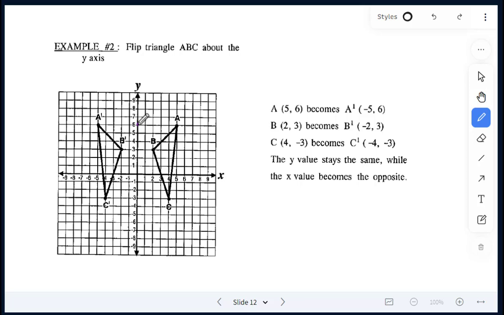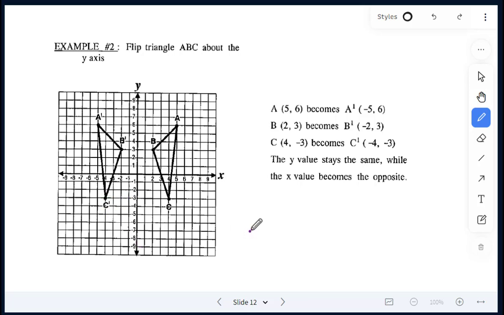So our new point, point A prime, will also be 5 points away. 1, 2, 3, 4, 5. There's our A prime. Here's B, 2 points away. So same thing, 2 points away. There's B prime. Sorry, C is here, 1, 2, 3, 4 points away. 1, 2, 3, 4 points away.